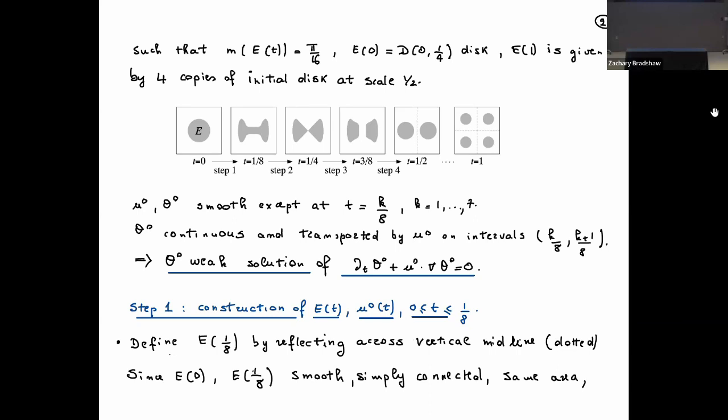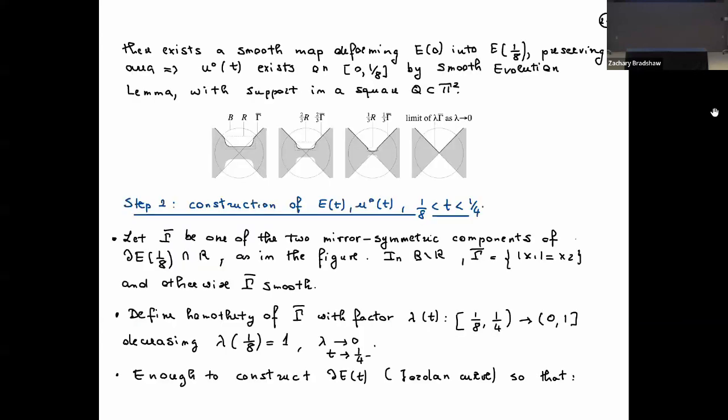You can check that these are simply connected, smooth, and have the same area. So the smooth evolution will tell me exactly how to construct the velocity from here to here. And I can also construct it to have support on a certain square Q, which is what I represent here.